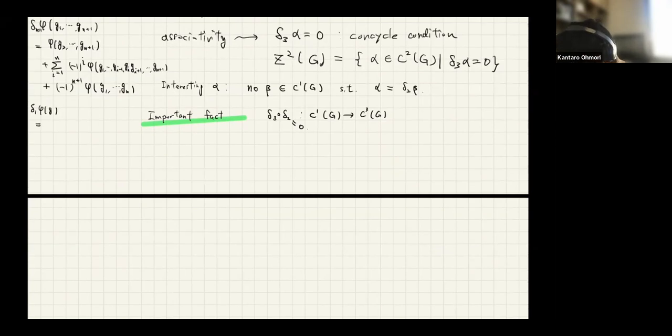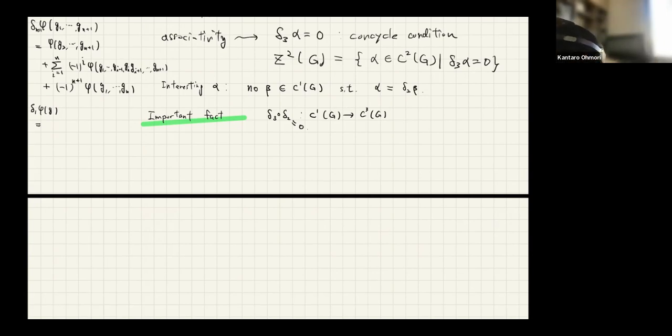The first term doesn't exist. The second term also, in this case phi is a 0 cochain, so it's just an element of the value.